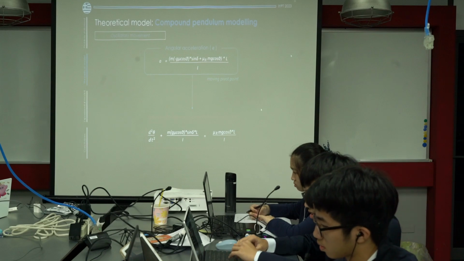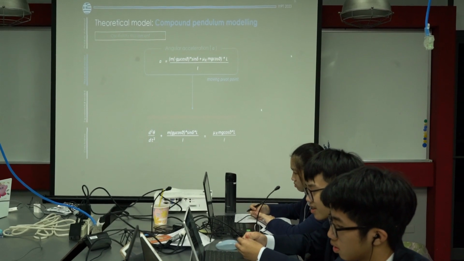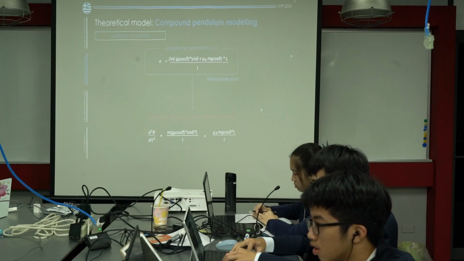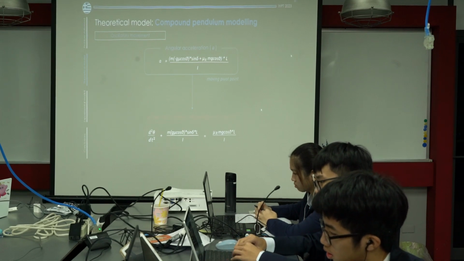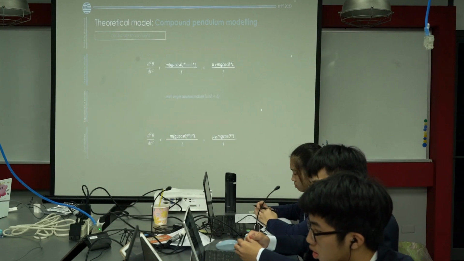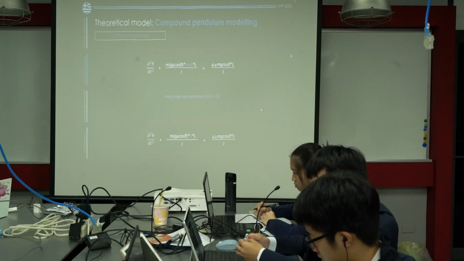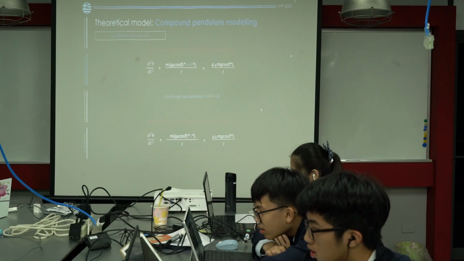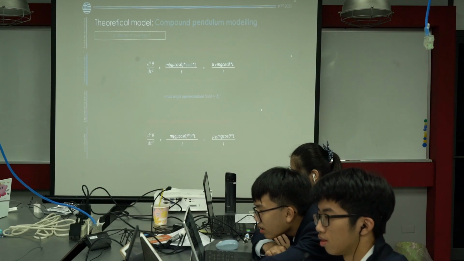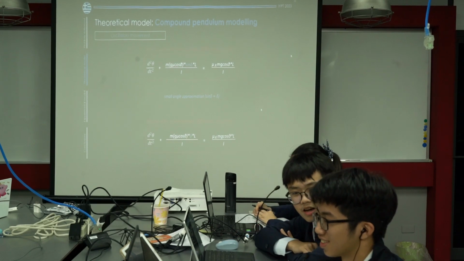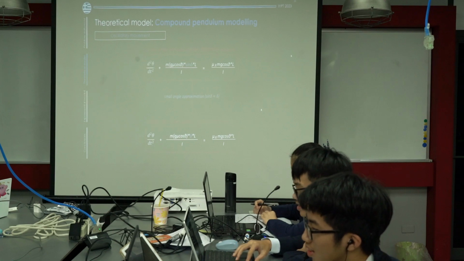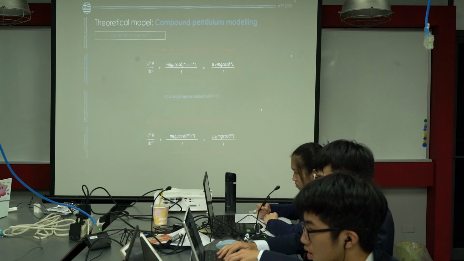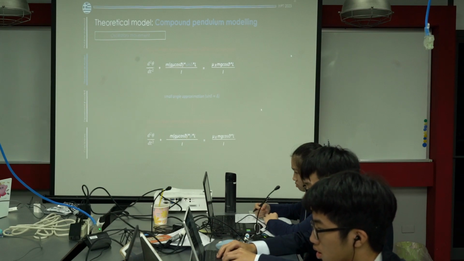If we do so, then we come up with a second order nonlinear ordinary differential equation, which is the equation you can see at the bottom of your screen. For this differential equation, we did an approximation. For small angles lower than 30 degrees, we approximated sine theta as delta, using the radian of this angle, and obviously not the angle itself.